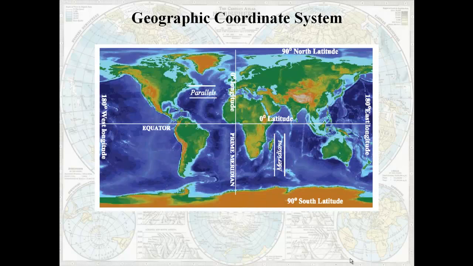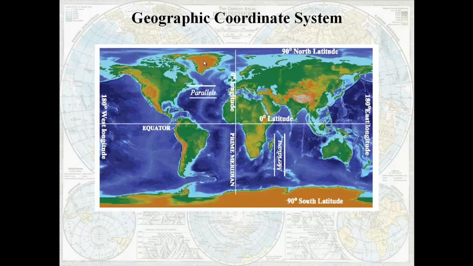So this is kind of a flat depiction of a geographic coordinate system. You can see that there are things here called parallels and meridians. So a line of constant longitude would be what's called a meridian. A line of constant latitude would be what's called a parallel. Now when you look at this, you can imagine lines of constant latitude.